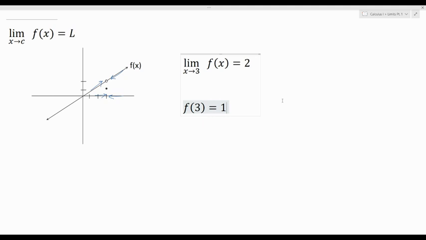But the limit is not necessarily the same as where the function actually is. The limit is where the function is heading towards. In this case, the closer x gets to 3 from the left and from the right, the closer f of x gets to 2, even though once we actually get to 3, we don't end up at 2. So the limit is really about where you're headed towards, and the function value is really where you're at.